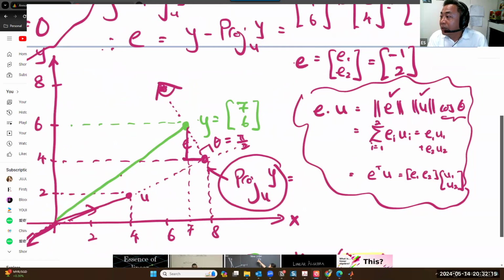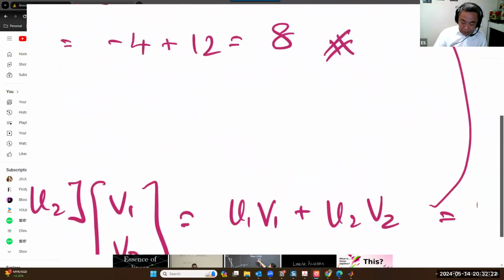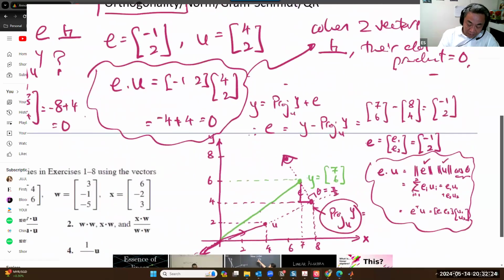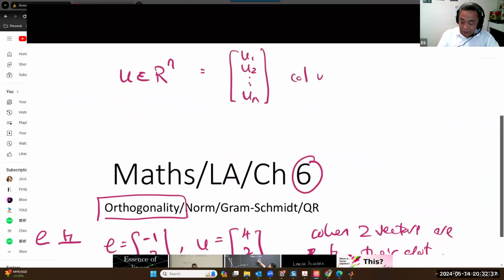When do we use a vector as a column and when as a row vector? In cases when we say u is in Rn, we always write it as u1, u2, until un, and this is always a column vector, with real numbers as entries, and there are n entries.